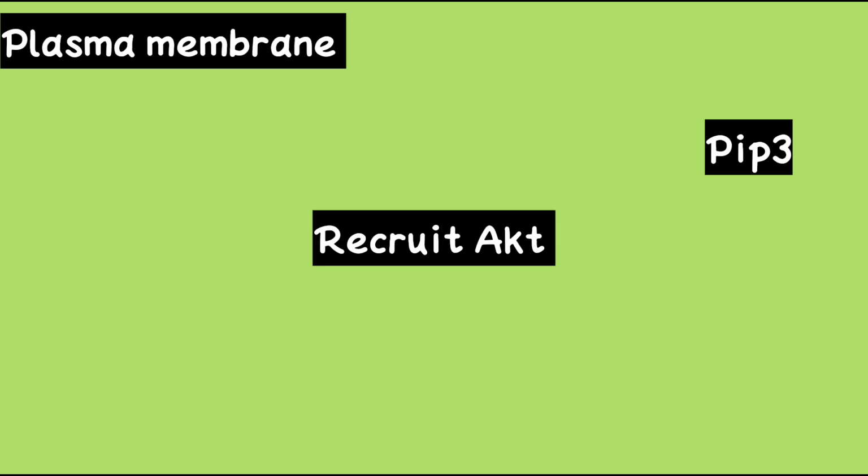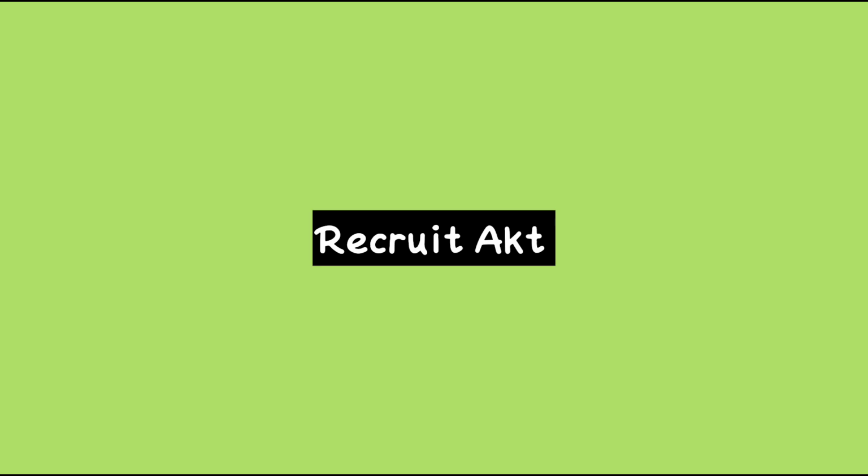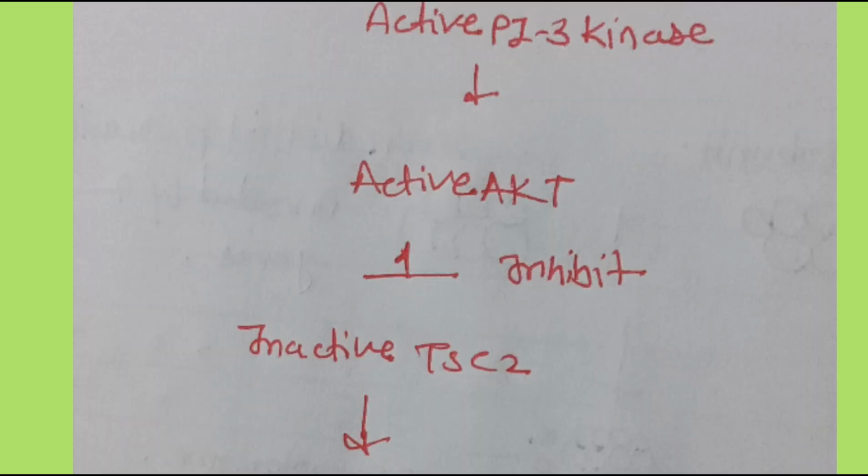So AKT gets activated. This AKT becomes fully active by phosphorylation, that is attaching a phosphate group. The active AKT phosphorylates TSC2, which inhibits the TSC1 and TSC2 complex.